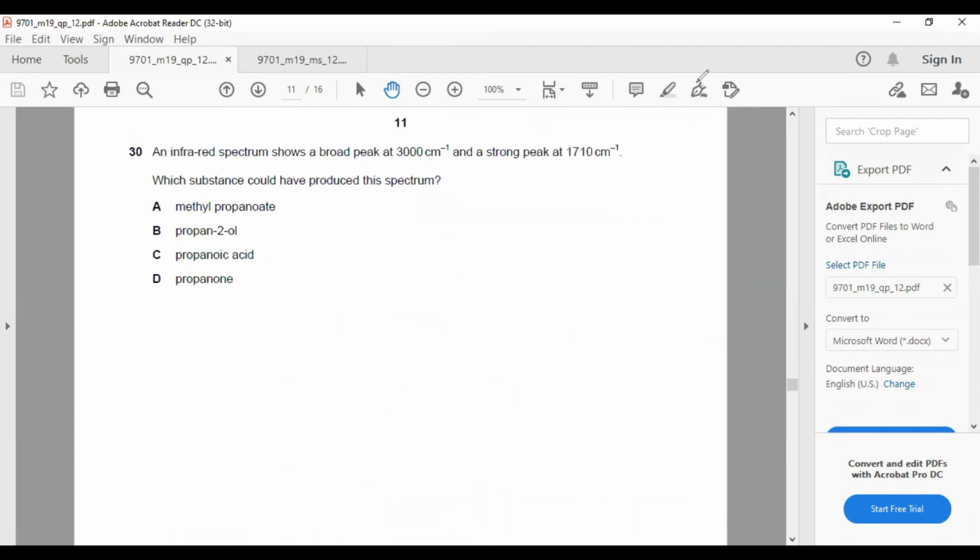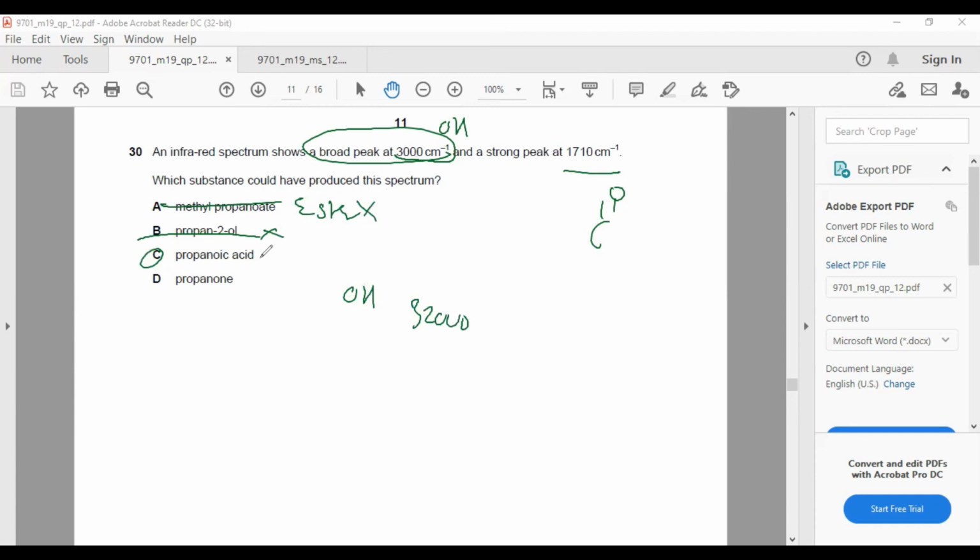Number 30. Infrared is 3000, a broad peak, means maybe OH of carboxylic acid. 1710 means C double bond O. Cannot be ester. Cannot be alcohol because the alcohol peak, you have to see the data booklet, starts from 3200. Yes, it is carboxylic acid.